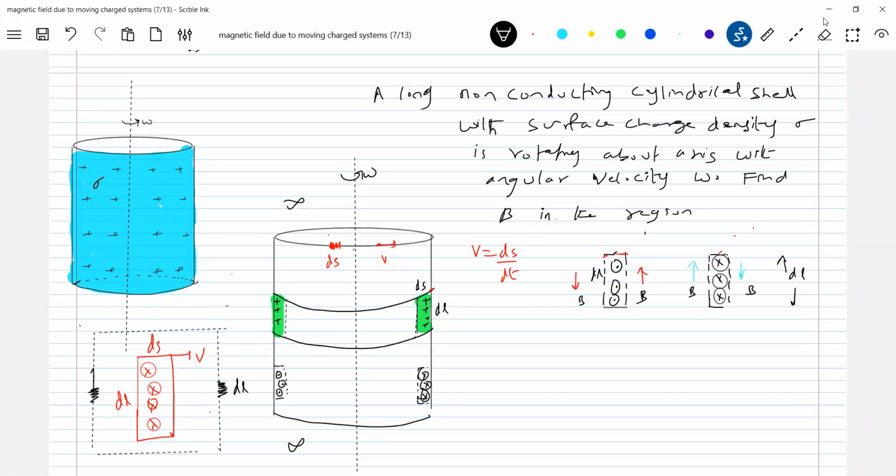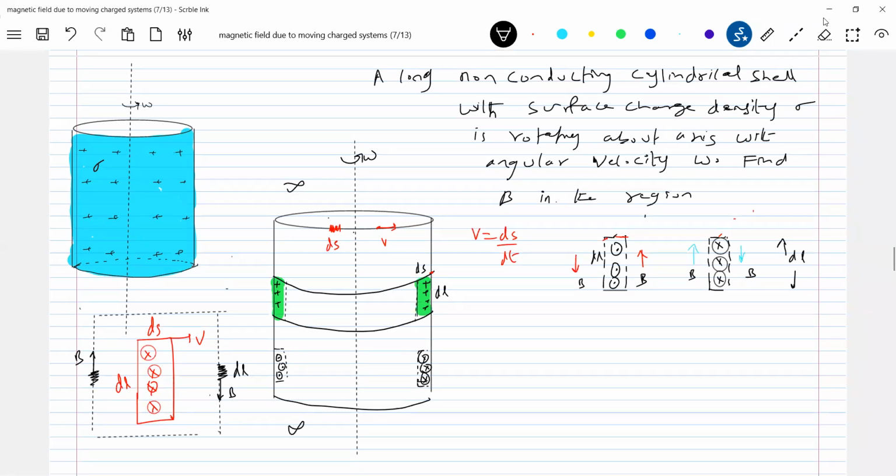And how is B bar? B bar will be in this direction. Here B bar will be in this direction. So looking at this diagram, look at only any one, either this strip or this strip. So write expression for B.